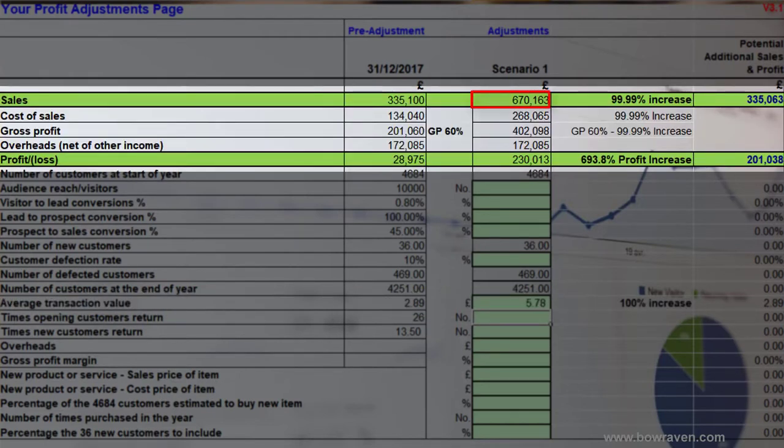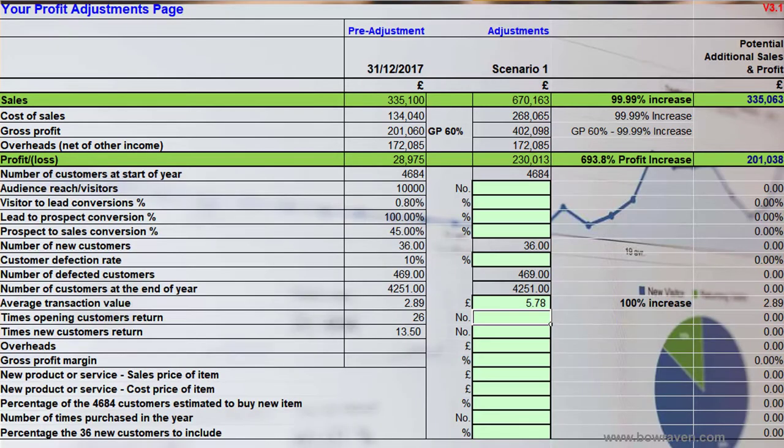Already, if you look at the top, our sales have increased to £670,000, which is an increase of 335,000. But if you look at the profit, that's increased by over £200,000 to £230,000. And that's only adjusting one of these numbers.